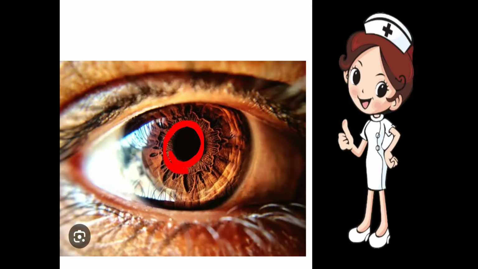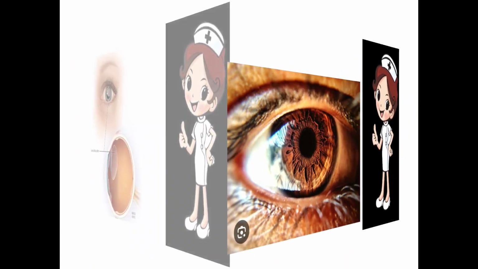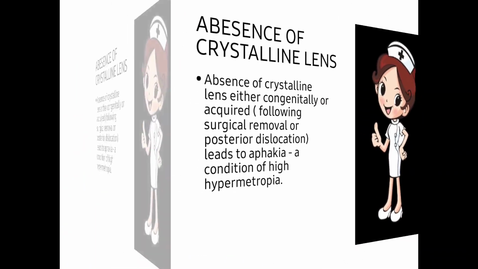How can you tell that the lens has been removed? We shine a torch inside the patient's eye and examine. Two reflexes should be seen here. If the reflexes are not seen here, then it is clear that the person is aphakic, with absence of crystalline lens.